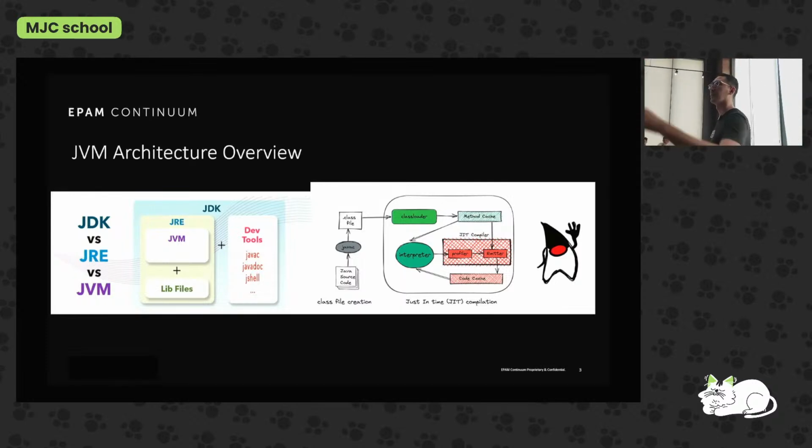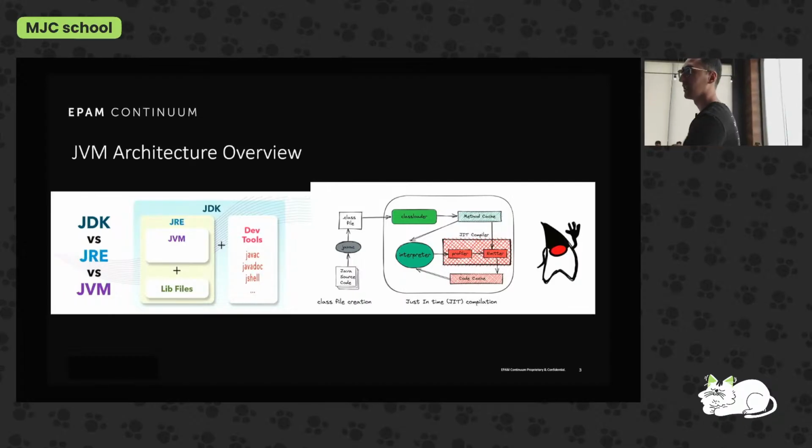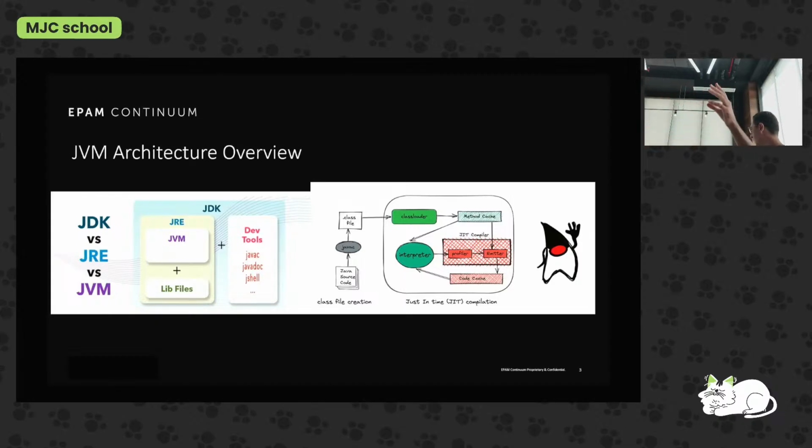And then that .class file will be loaded into the JVM. Here we have an example of the compilation process, just-in-time compilation. So we should not confuse the compiler with the compilation. JIT compilation is a part of the JVM, not the compiler.